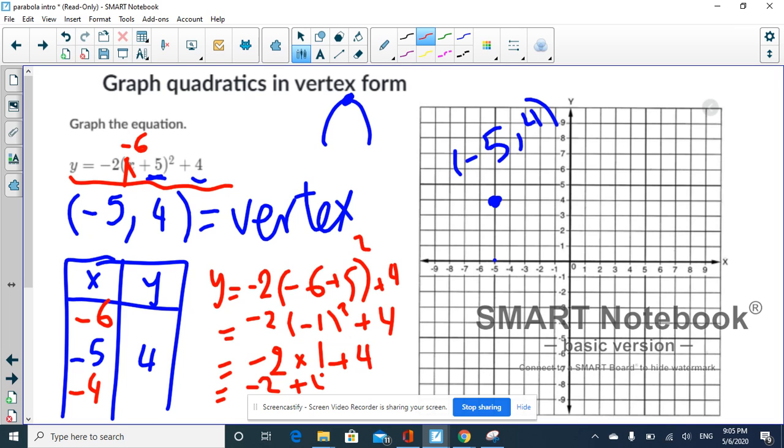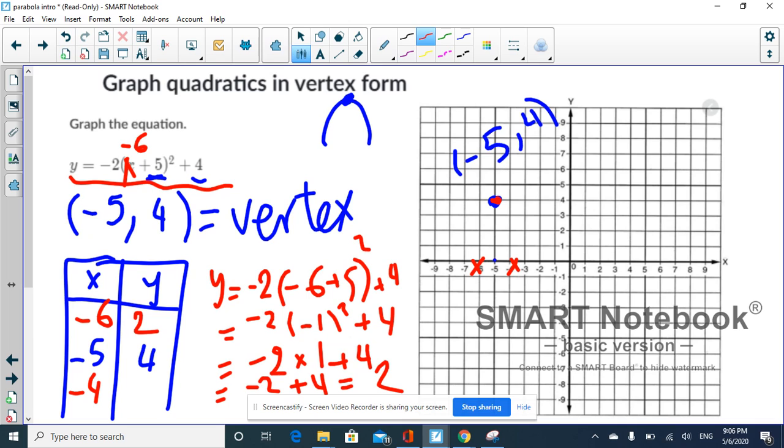Yes, +2. This is y. So we choose a point here and a point here, one to the left and one to the right of -5. And -5, 4 is the vertex.